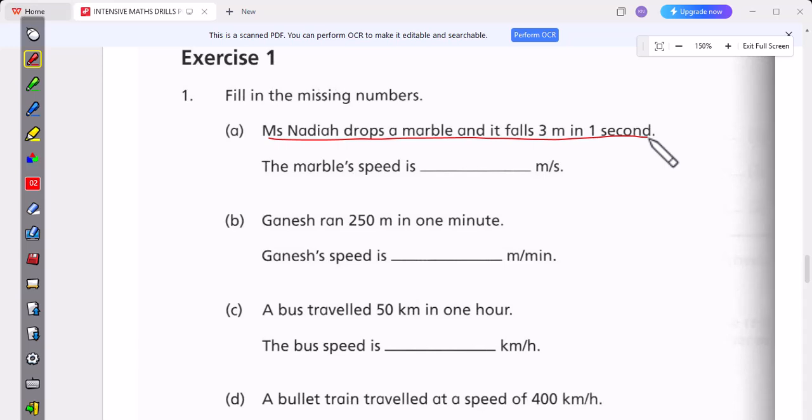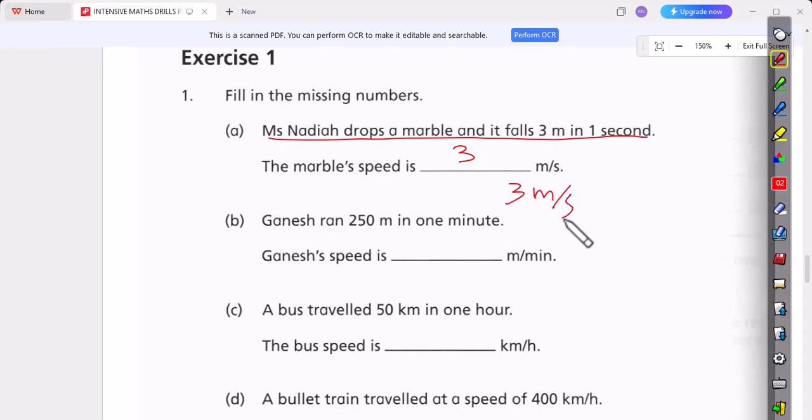So the marble speed is 3 meters per second. 3 meters per second means in 1 second it can reach 3 meters. Just like in the second case, Guinness ran 250 meters in 1 minute. Guinness speed is 250 meters per minute.